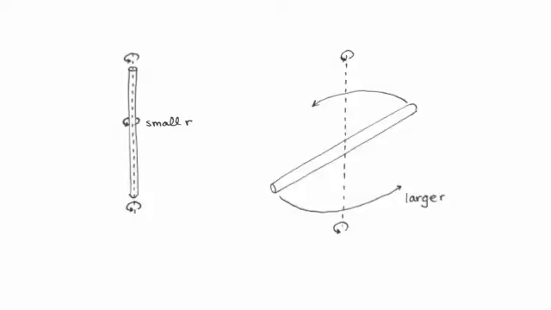So its mass is distributed at a much larger radius. These two things really will differentiate how much force it's going to take to either speed one of these up or slow one of these down. Of course, the figure on the right produces much more inertia and is much more difficult to get going and much more difficult to stop.